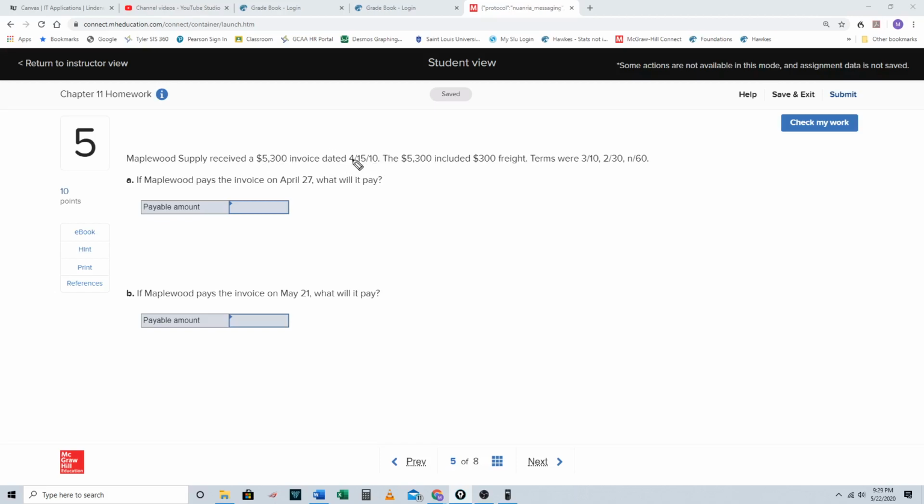This is not a chain discount. This is an actual date. So that includes $300 freight, which means we have to take off the $300 freight first before we apply any discount. So $5,000, and then once we're done, we add the $300 back on before we type it in our box here.